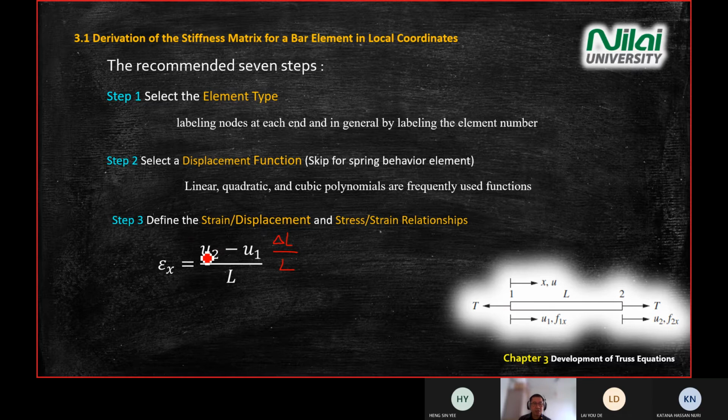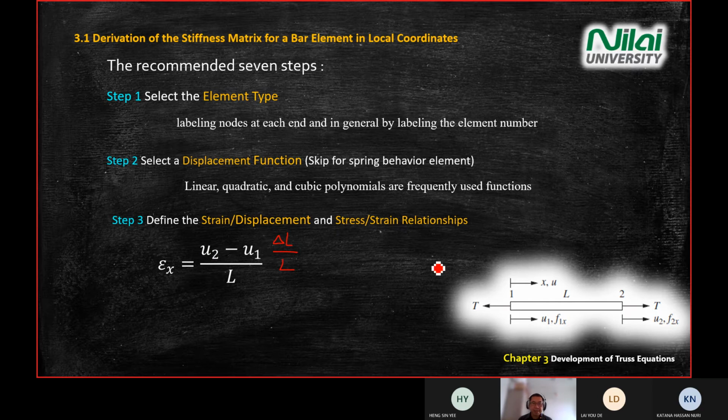In this case, because we already defined our displacement with this diagram, you take the displacement at point number 2 minus the displacement at point number 1, you get the delta L. Again, don't confuse U with the U in physics. In this case, U is a displacement, it's not a velocity. So don't confuse the notation. So U2 minus U1 is the change of L.